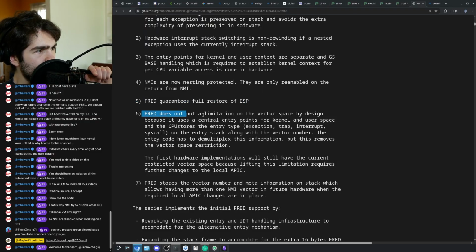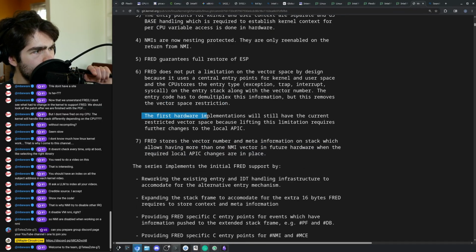FRED does not put a limitation on the vector space by design because it uses a central entry point for kernel and user space, and the CPU stores the entry type, exception, trap, interrupt, syscall, on the entry stack along with the vector number. The entry code has to demultiplex this information, but this removes the vector space restriction.